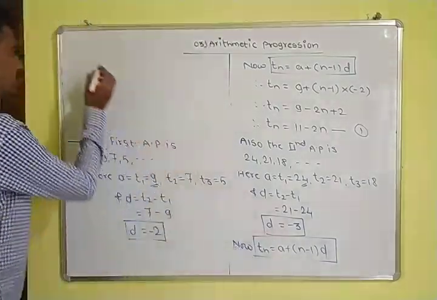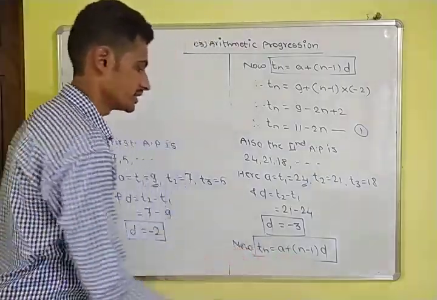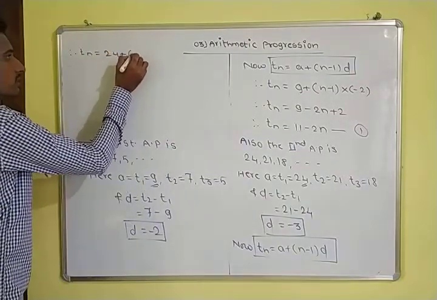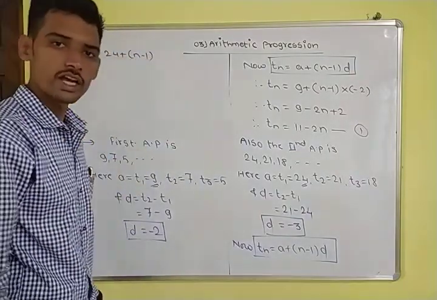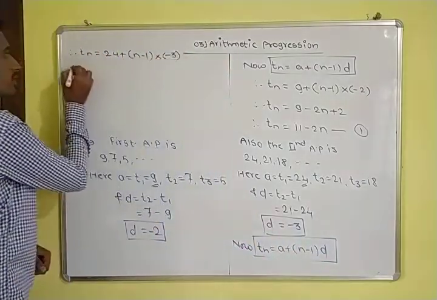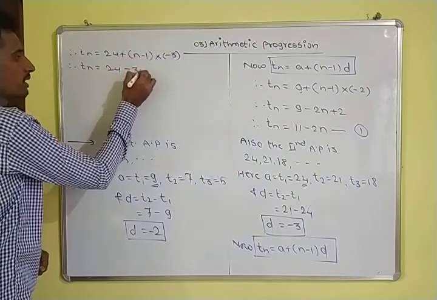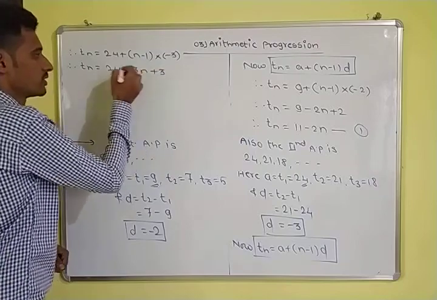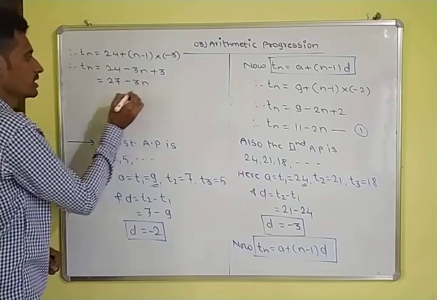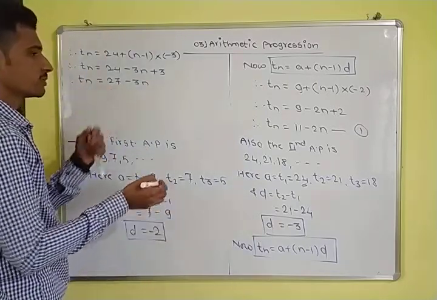Therefore Tn is equal to a, the first term, 24 plus, we don't know the value of n, so n minus 1 as it is, into d, which is minus 3. Therefore Tn is equal to 24 minus 3n, minus into minus, plus 3, 24 plus 3, that is 27 minus 3n. So the value of Tn is equal to 27 minus 3n.